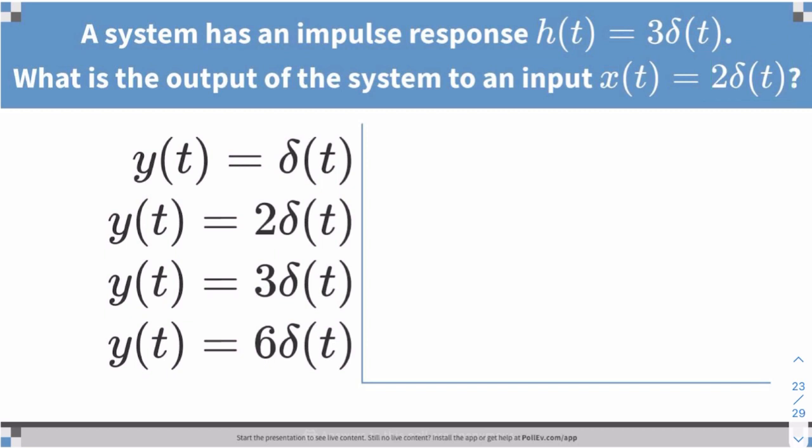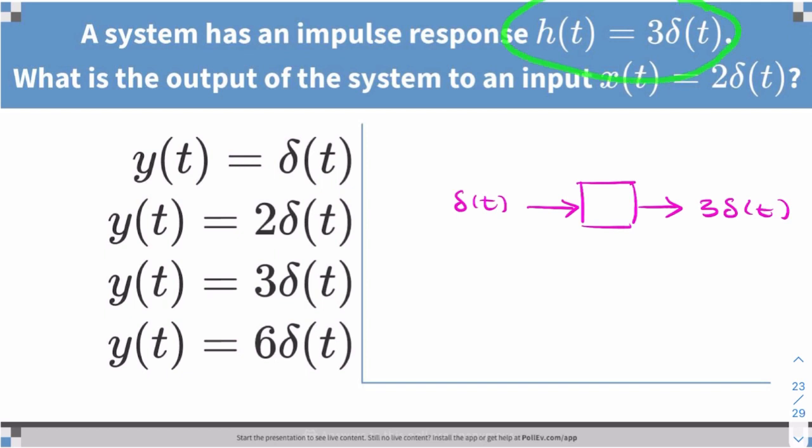Well, actually, we don't need to do much work at all. This is really easy because we're told the impulse response, that's the output if the system had a unit impulse at the input. So if the input was a simple delta, the output would be 3 delta. Where did I get that from?